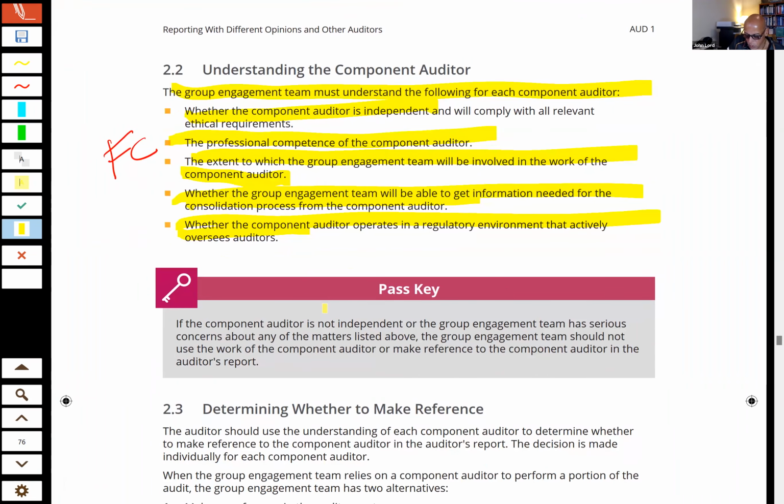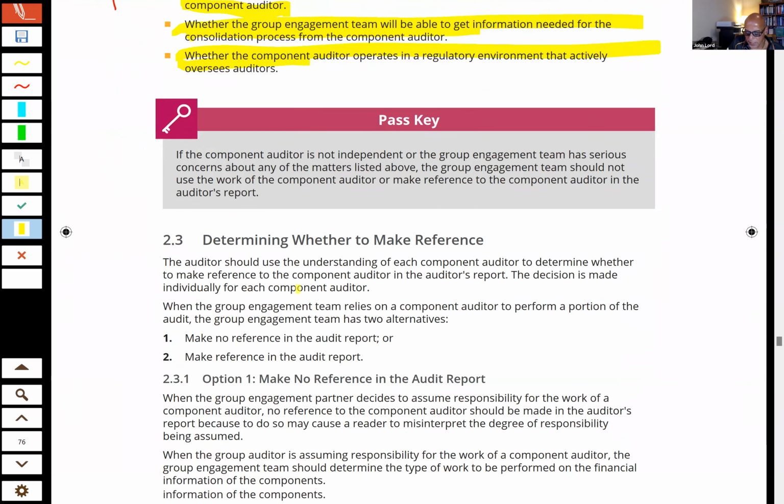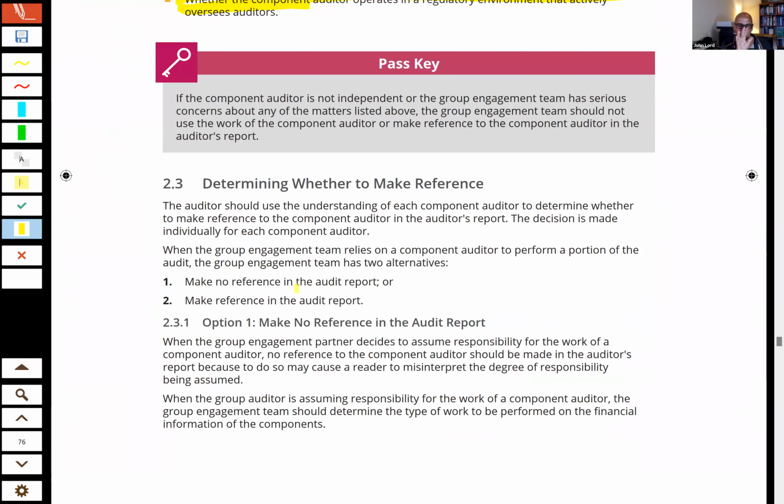Now, come over to determining whether to make reference. I'm going to write my opinion on the group financial statements. I may not mention the component auditors even though they were involved. They give me that option. In the case of the GAO and the consolidated financial statements of the federal government, GAO made the decision that they were not going to mention the component auditors.